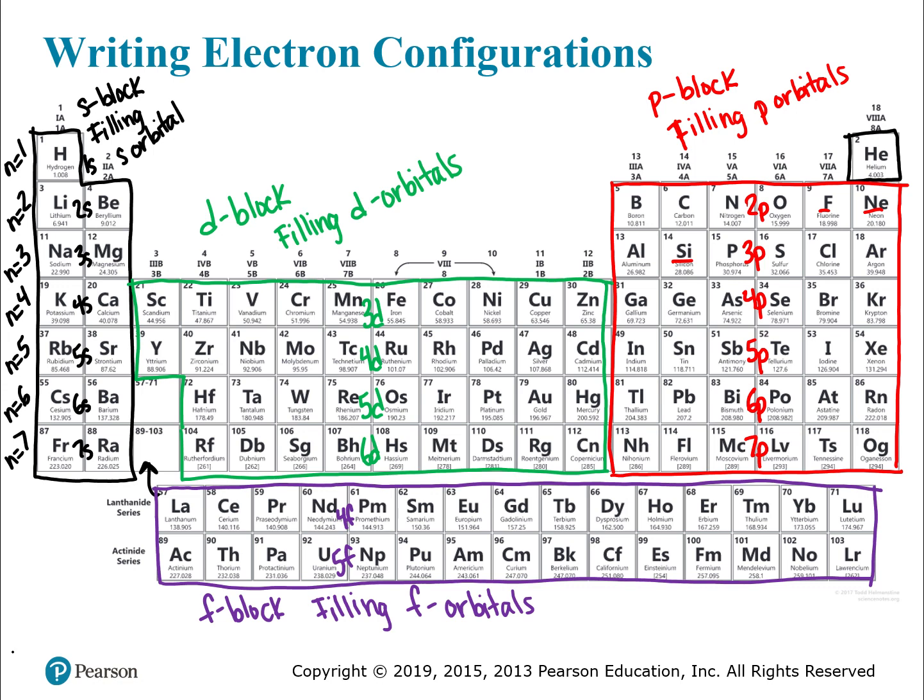So this is the periodic table. When you're writing electron configurations or you're drawing orbital diagrams, knowing this information about how the periodic table is set up or organized will be very, very helpful to you.